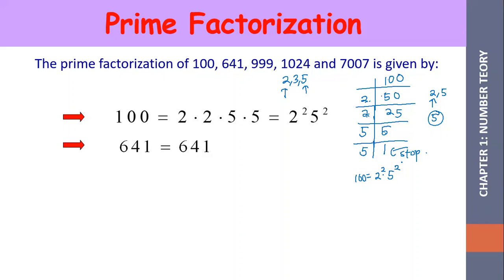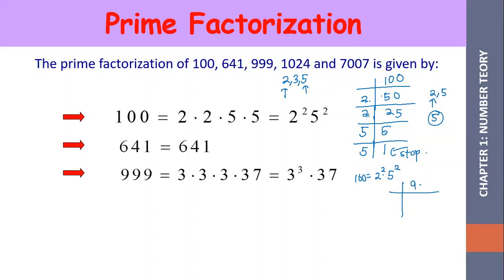How about 641? 641 is prime, so the prime factorization of 641 is 641. How about 999? It is 3 cubed times 37. For this one you use the same method. For 999, the smallest prime is of course 3.